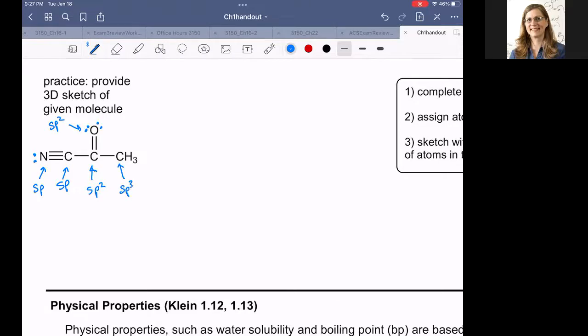Okay, so about each atom, we need to have the proper geometry. So we could start with that middle carbon. That middle carbon here is sp2. sp2 means it is trigonal planar, so we could draw 3 bonds that are 120 degrees from each other. We have an oxygen and 2 carbons.